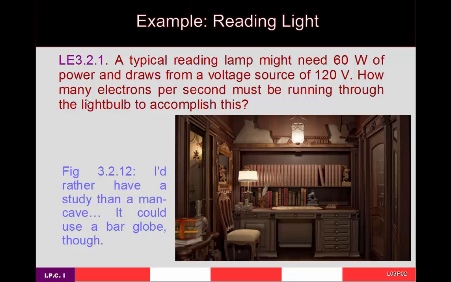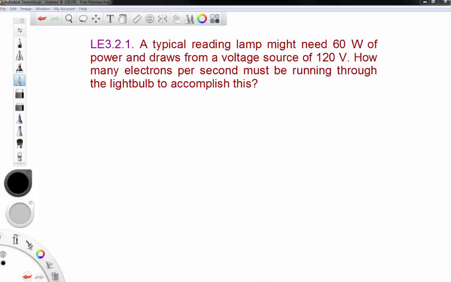Our question is, how many electrons per second does this need to be in order to accomplish 60 watts at 120 volts? Recall that the charge on an electron is approximately Q electron = 1.60 times 10 to the minus 19 coulombs. Recall further that power is work done per unit time.